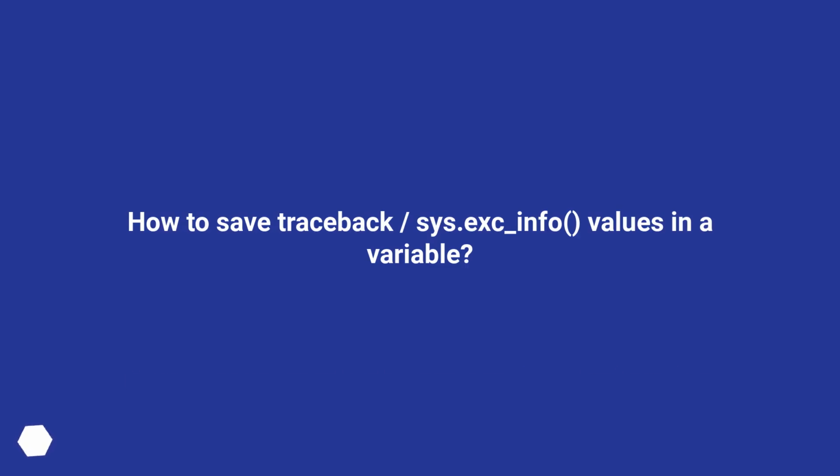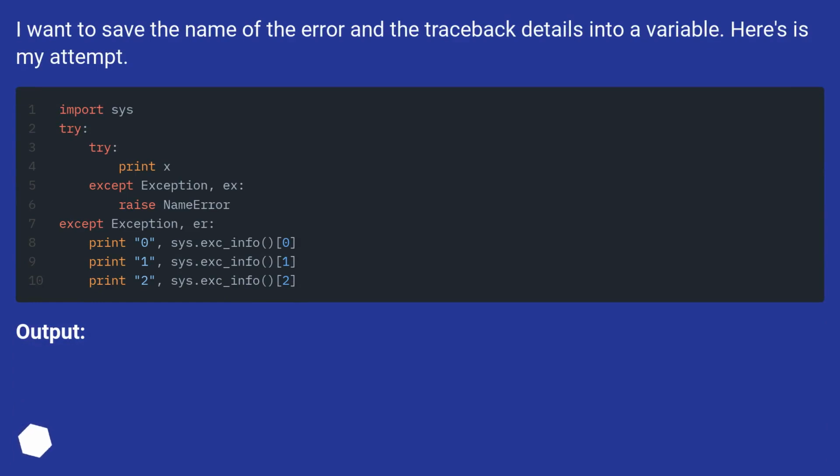How to save traceback, sys.exc_info values in a variable? I want to save the name of the error and the traceback details into a variable. Here's my attempt. Output.